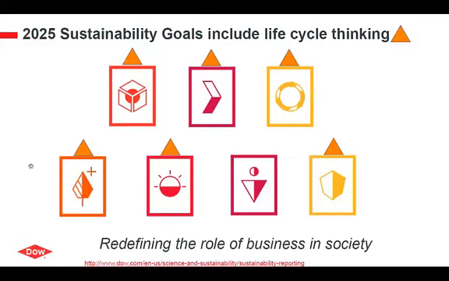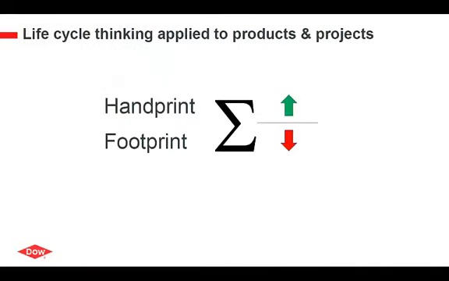As a specific idea, on the next slide, I'll mention the idea of quantifying the benefit to burden, or the handprint to footprint ratio, which is part of the goal for delivering breakthrough innovation for Dow, and the concept is built on a life cycle calculation or estimation.